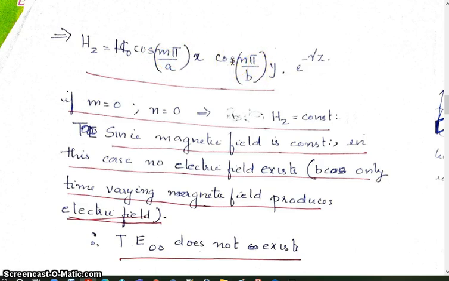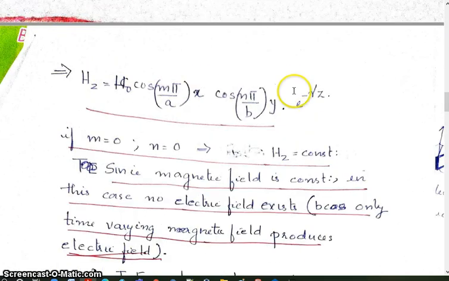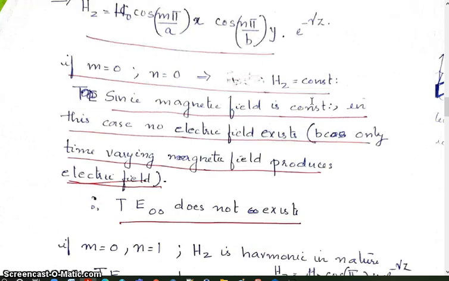If I substitute m equal to 0 and n equal to 0, what I will get is Hz equal to H0 exponential minus gamma z, because these two cos terms become 1. That means Hz is equal to H0 exponential minus gamma z, which is a constant. Now, an electric field exists only if there is a time varying magnetic field.